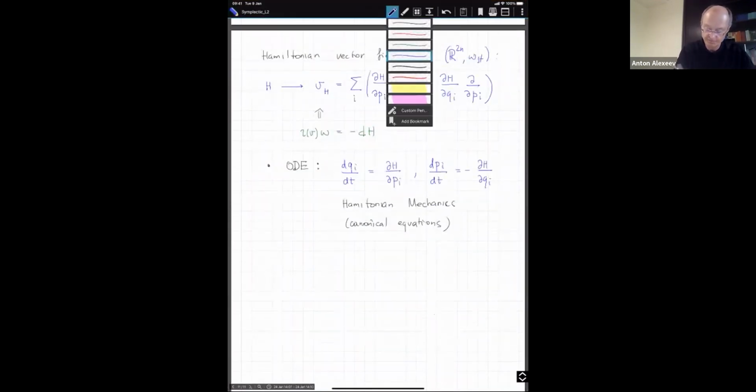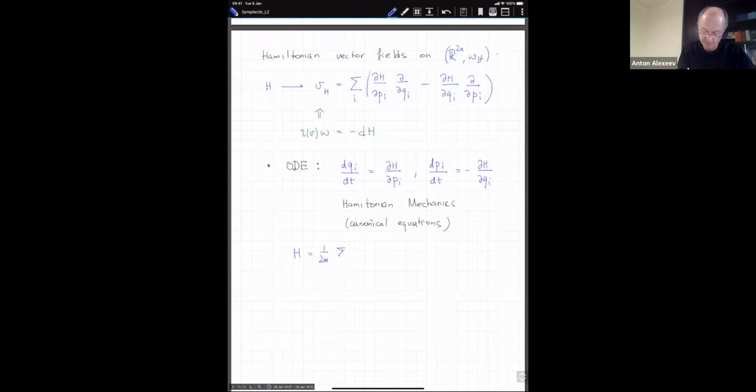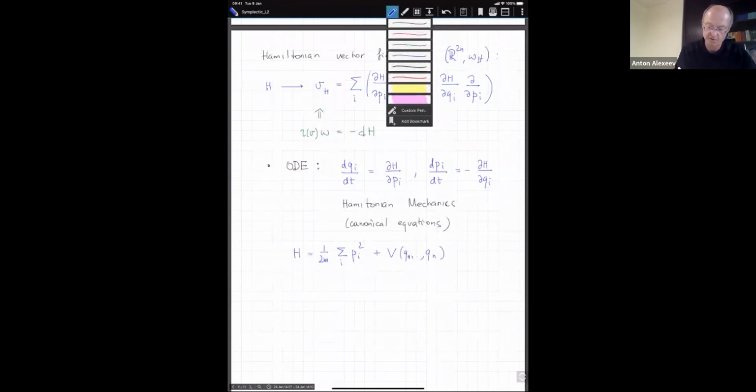If furthermore you take h to be of that form, 1 over 2m sum over i of p_i squared plus some function V of q's, then the following thing happens.